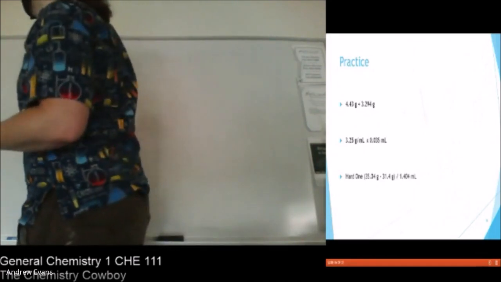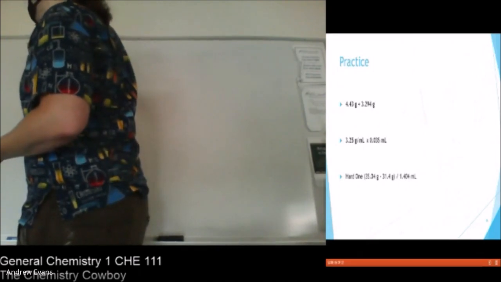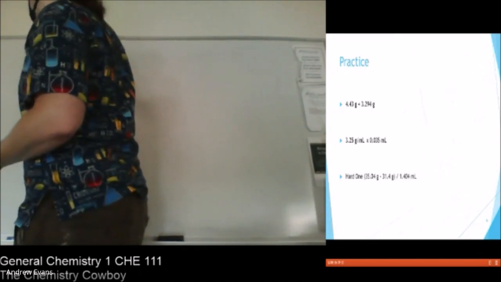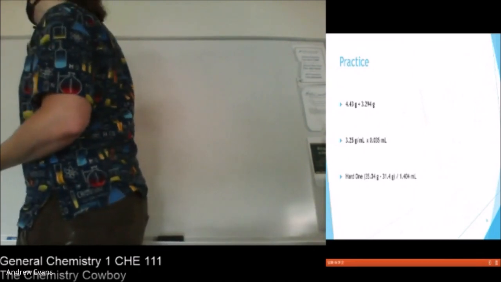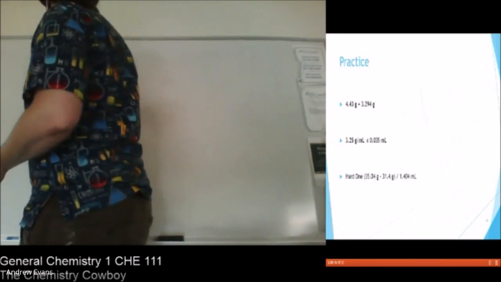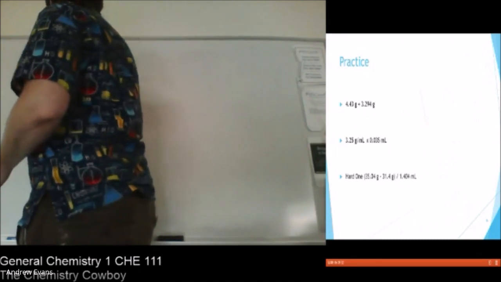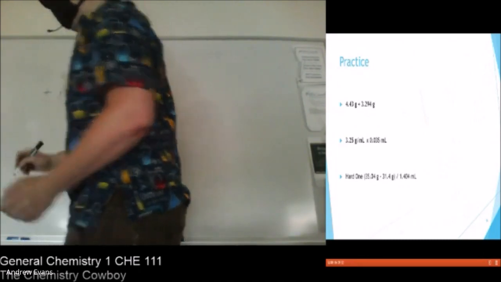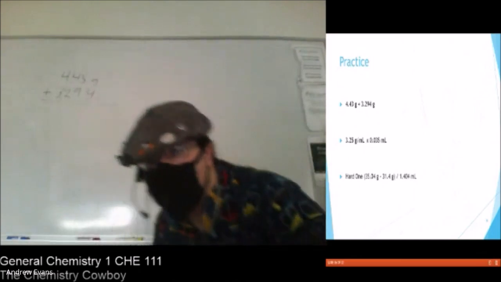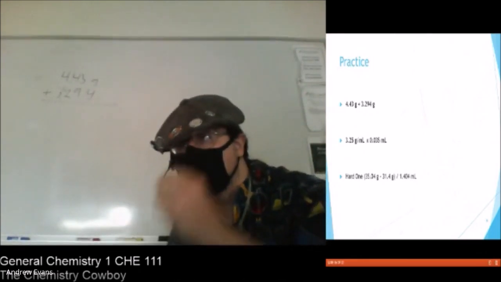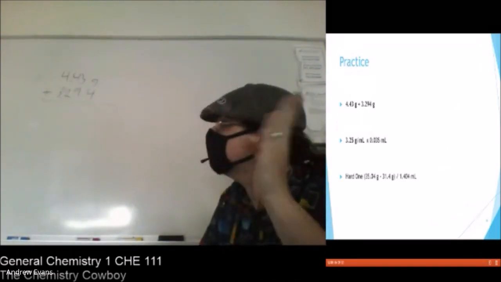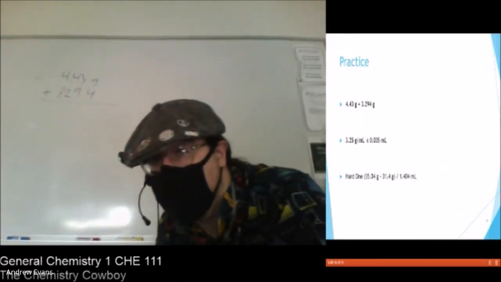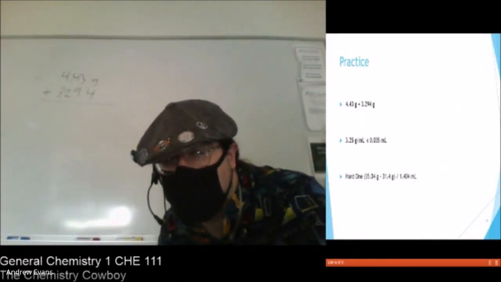So 4.43, we add on 3.294. Note, I put them over top of each other so the decimals line up. I want the decimals to line up.